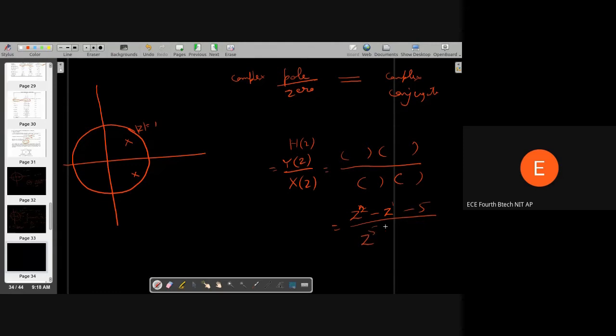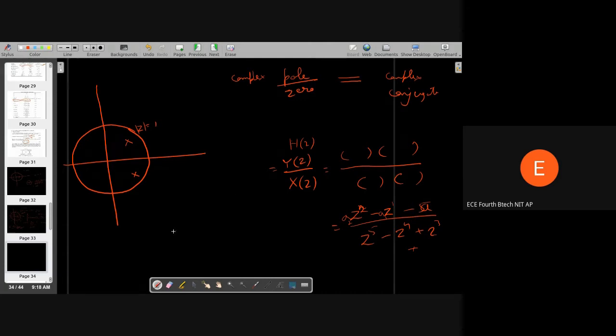Similarly, z to the power 4 minus a3 z cube, some values will be there, but it will come out to be a polynomial.